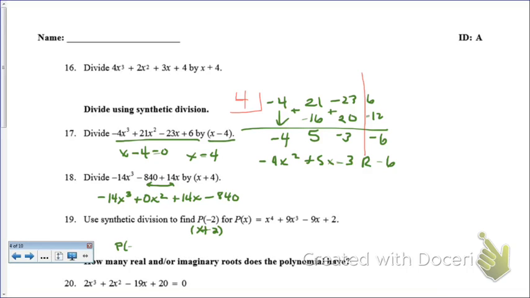So I'm going to put p of negative 2 into the function, and I have negative 2 to the 4th plus 9 times negative 2 to the 3rd minus 9 times negative 2 plus 2. I'm going to work all that out, and I get negative 36. That just tells me that if I divide the given polynomial by x plus 2, my remainder is going to be negative 36.